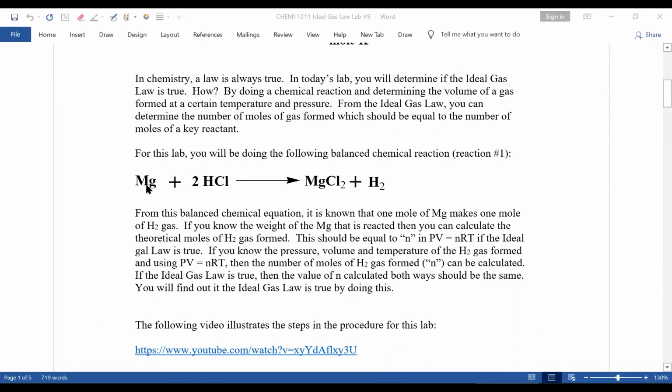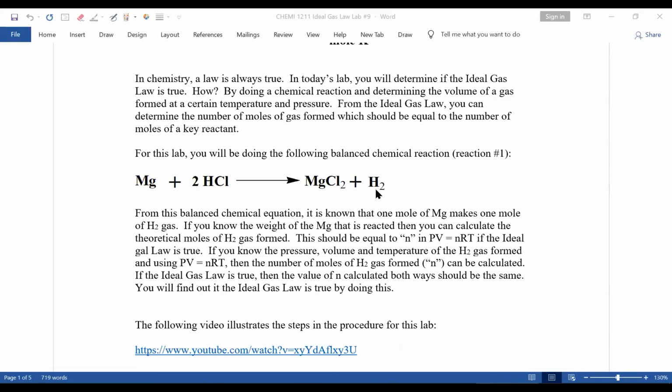It's a cool reaction. Remember, the coefficients are molar ratios. 1 mole of magnesium reacts with 2 moles of hydrochloric acid, that's what HCl is, to make 1 mole of magnesium chloride and 1 mole of hydrogen.